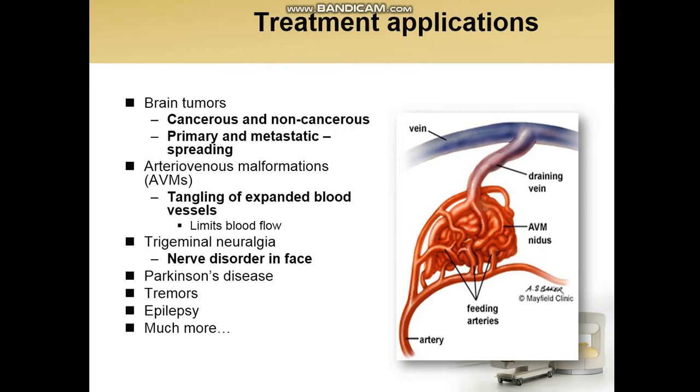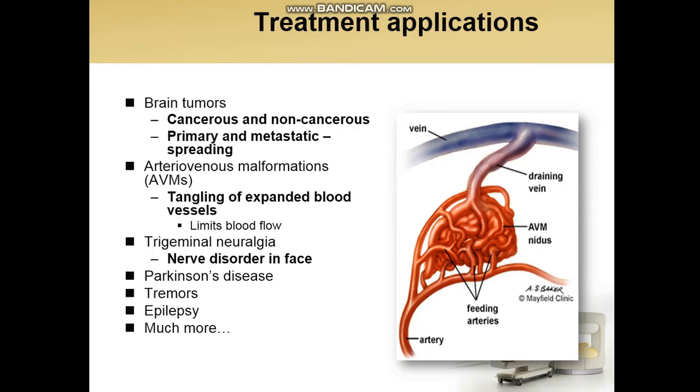Stereotactic radiosurgery may also be used to treat cancers that have spread to the brain from other parts of the body, for example, brain metastasis. One application field of stereotactic radiosurgery is brain tumors.